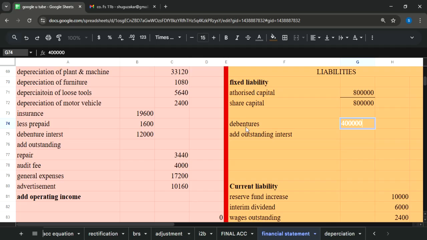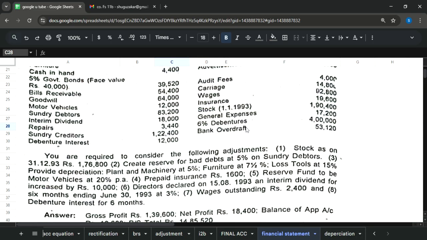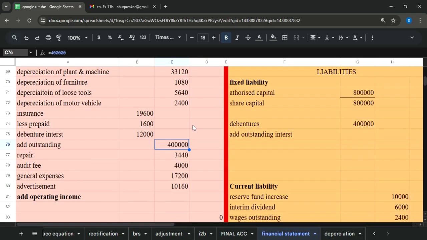Now come over here where interest on debenture was described. Look, these were two amounts. And here, please note very carefully, total amount of debentures 4 lakh, and 12% was the rate. Let it be confirmed. No, 6% was the rate.